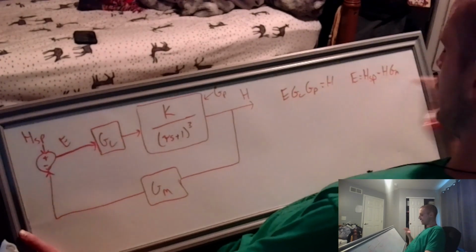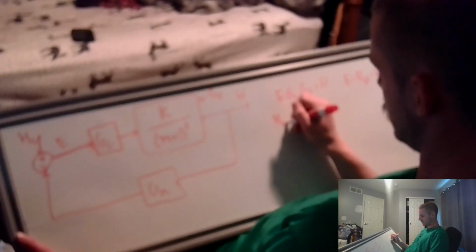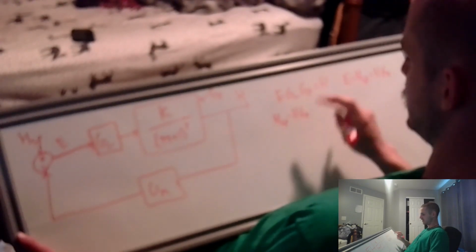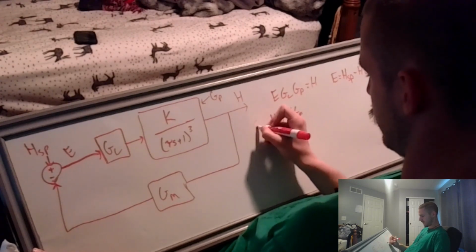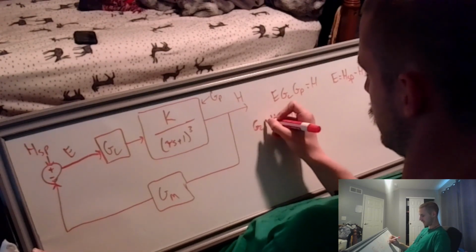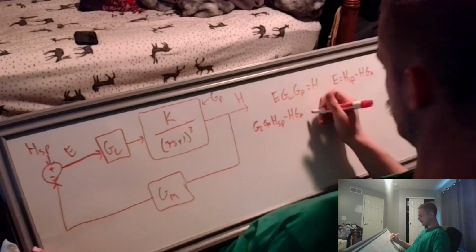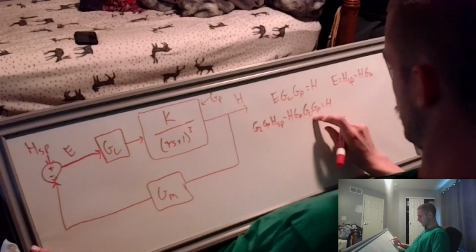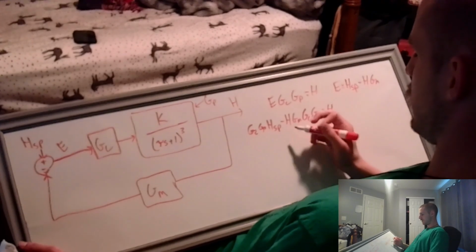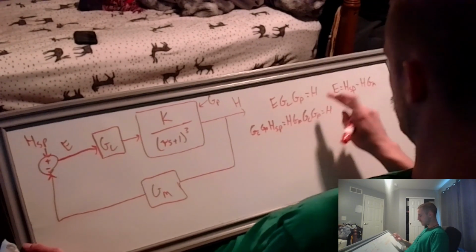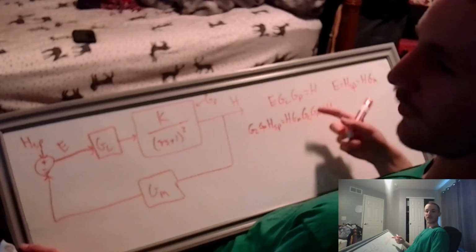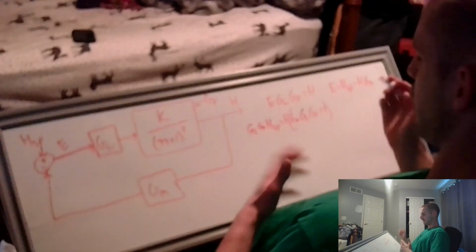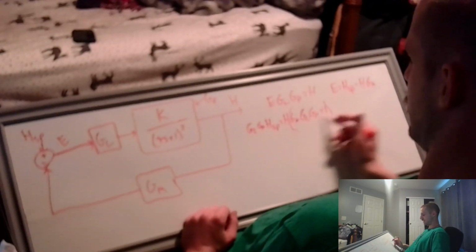All right. Now I can substitute that in. We have HSP minus H GM times GC GP. So I'm just going to write those in, factor that out now. All right, so we can then add this to both sides and then factor out H. And then lastly, I'm going to divide by this here.